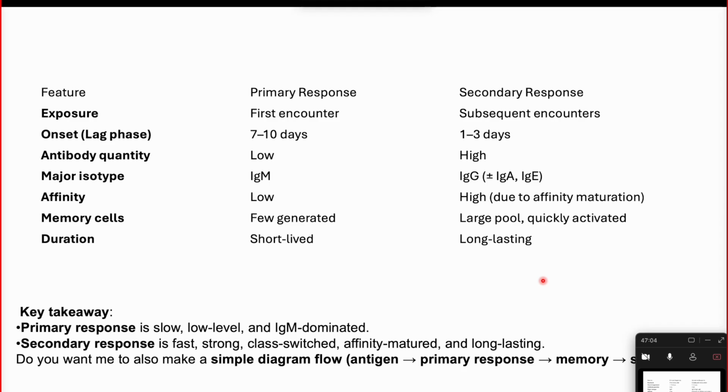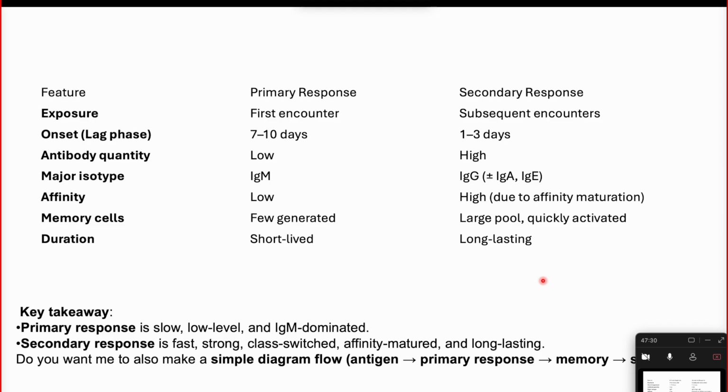If we see the key features of the responses, for exposure, in the primary response the system is seeing the antigen for the first time, while the secondary response occurs when there is subsequent infection. What is the onset or lag phase? The primary response is a little slow, around 7 to 10 days, while the secondary response is quick, between 1 to 3 days depending upon the antigen.